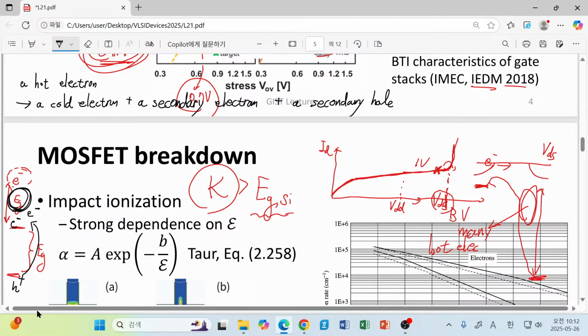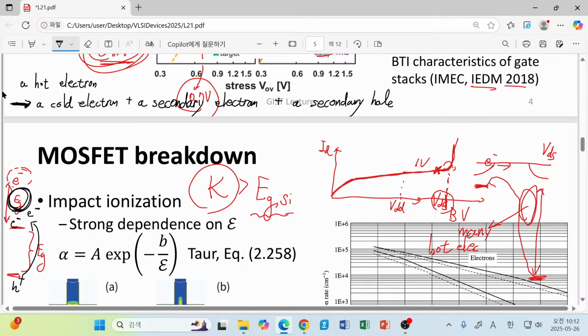Of course, this transition is not 100% sure. It means that this transition occurs in a probabilistic way, with an extremely low probability. But anyway, let's assume that specific event happens.